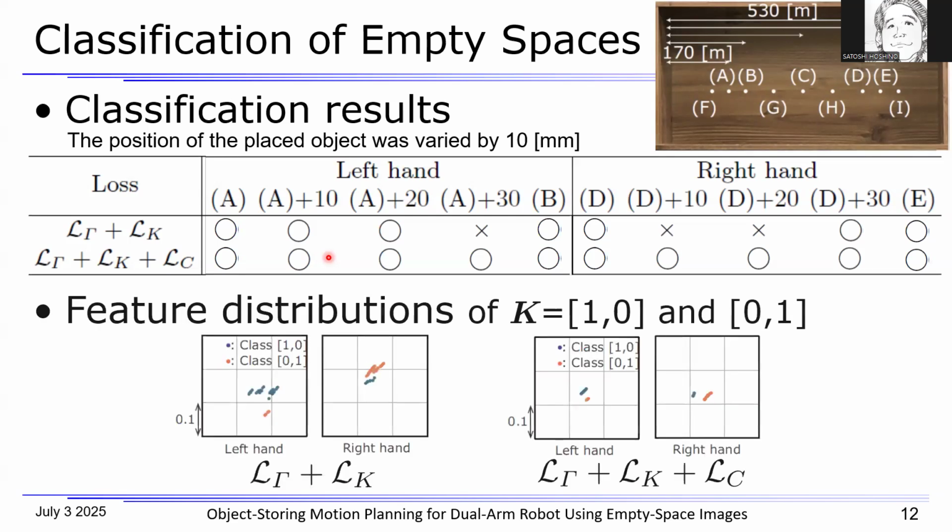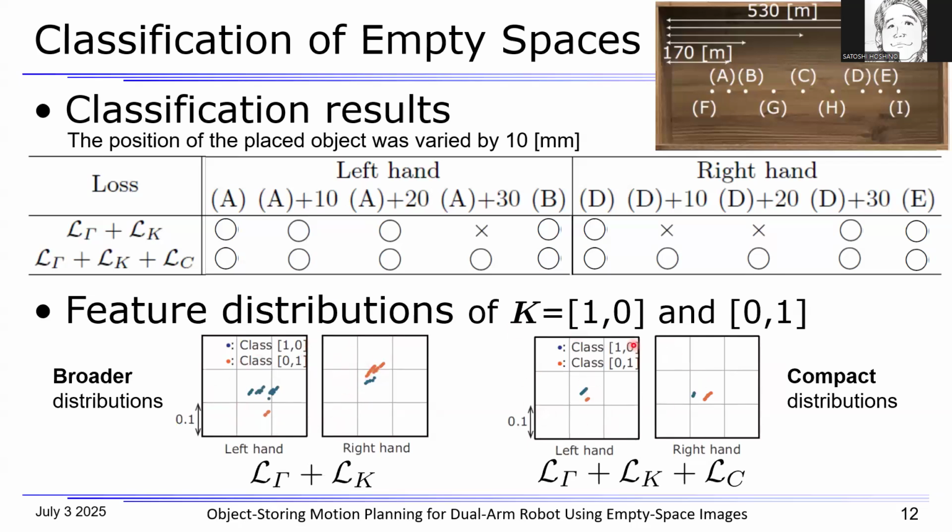Now let me show you the feature vectors which are extracted from images corresponding to two different empty space classes, namely 1, 0 and 0, 1. For visualization, the original 500-dimensional vectors were compressed into a two-dimensional space. First, on the left-hand side, we can see that the distributions were broader.